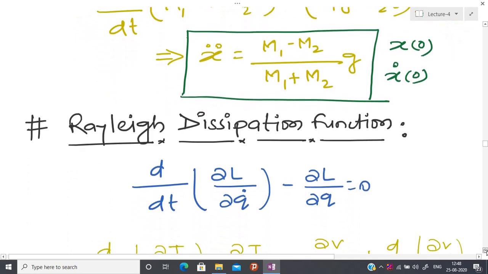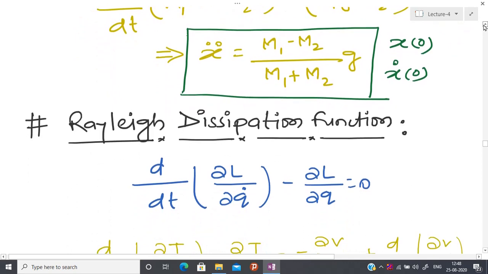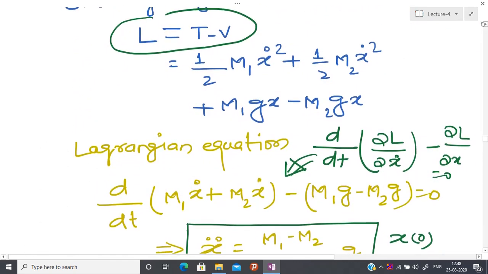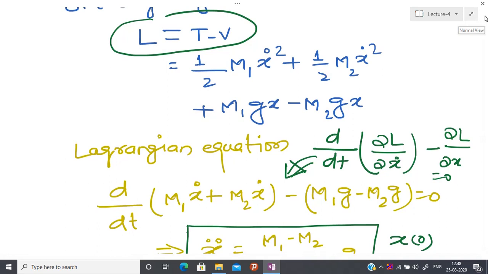Now in this part, what we have seen is that I have defined the Lagrangian in a very simple way, as the kinetic energy minus the potential energy. After that we used Hamilton's principle to minimize the energy, and after that we found the differential equation.